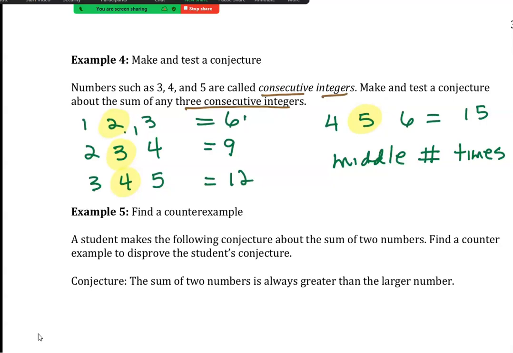So 2 times 3 is 6, 3 times 3 is 9, 4 times 3 is 12, and 5 times 3 is 15. So I'm going to say, this is my conjecture right here. Take the middle number times 3, and you get your sum. That's a fancy way of saying sum. Okay, that's my conjecture.